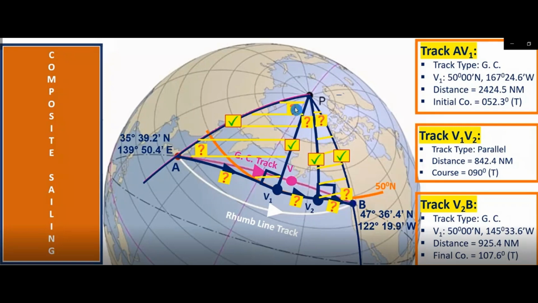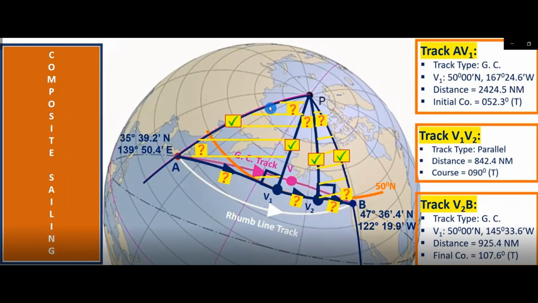So ये दोनों छोटे एंगल हमारे पास आ गए हैं and we can also find out this complete angle P, because this complete angle P is the d long between starting position A and the final position B. दोनों के longitude हमें given हैं, 122 19.9 139 50.4. So we can find out the d long between them.